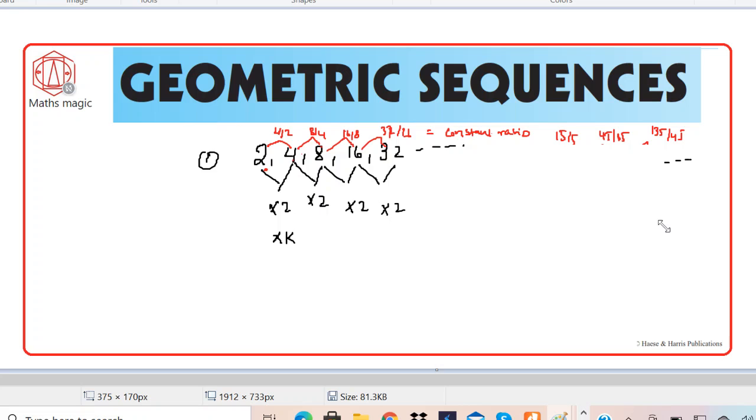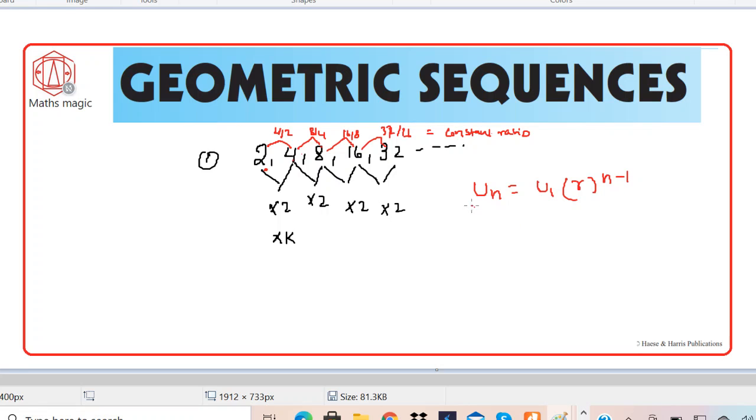First of all, you need to be familiar with some terminologies. In geometric sequences, you have to use the formula for the nth term as u_n is equal to u_1 times r to the power n minus 1.